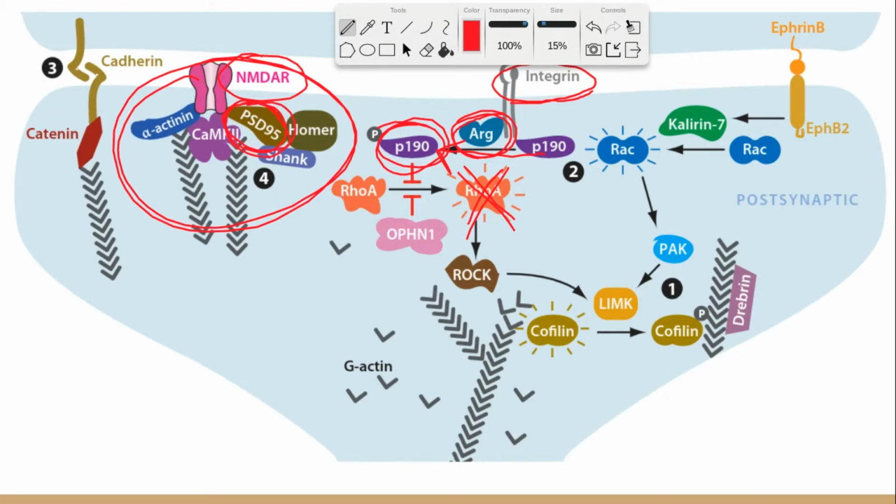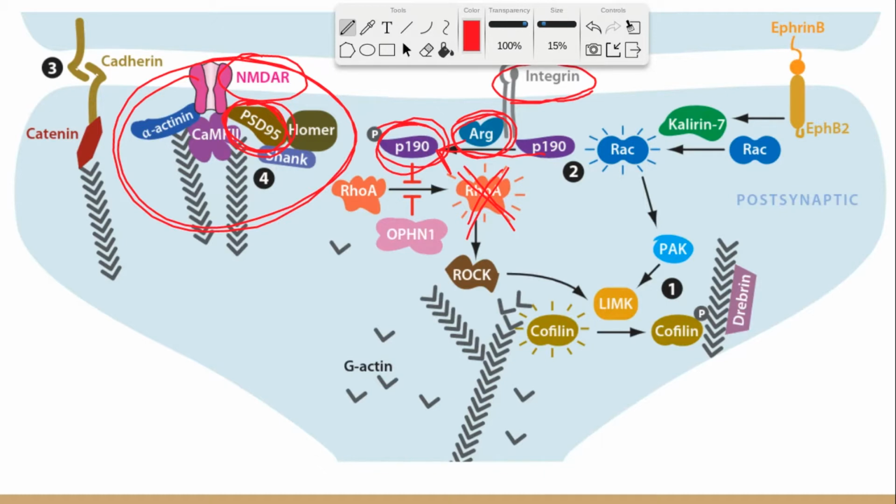So PSD95 stands for postsynaptic density of 95 kilodaltons, and PSD95 uses numerous PDZ domains to recruit all these other proteins that are also found in the postsynaptic density.